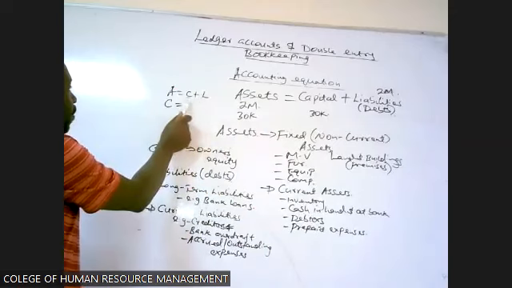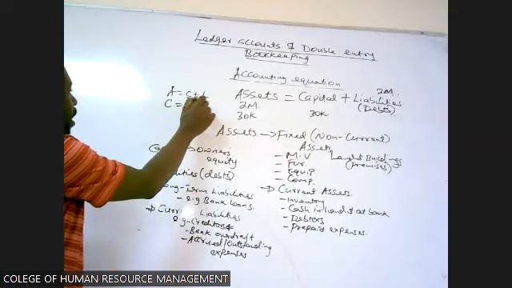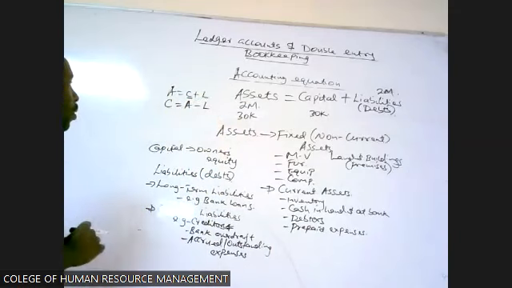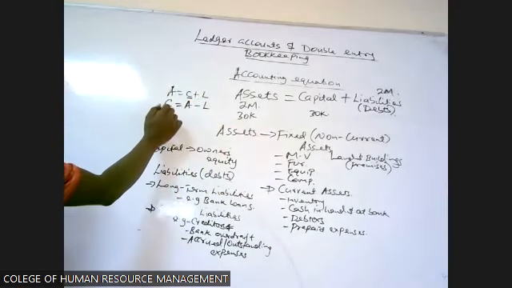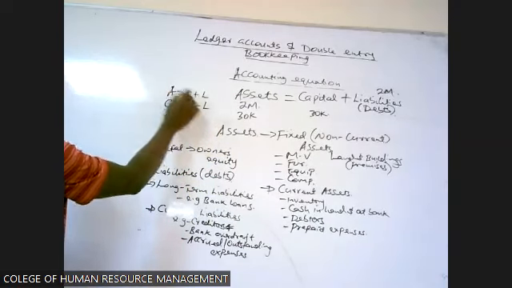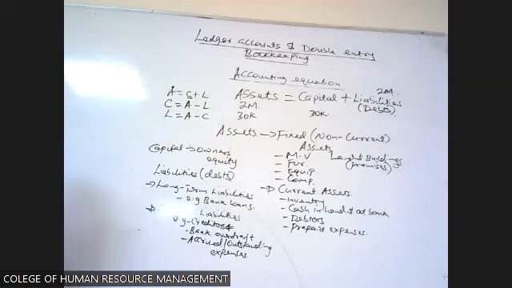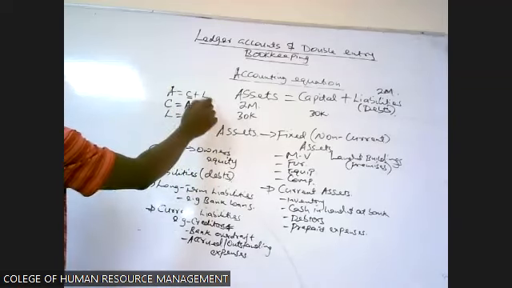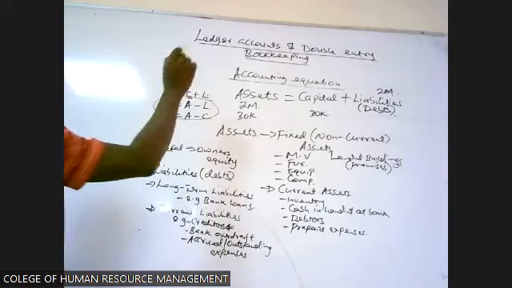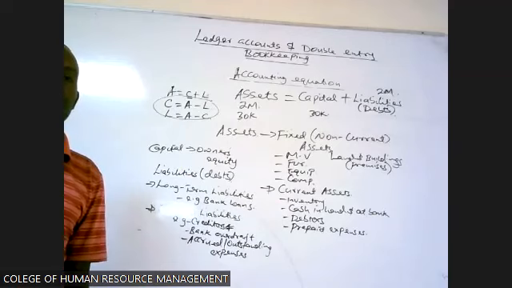If we need to find the value of capital, L will come to this side. So we are going to have A minus L is equal to capital. And if we want to get L here, C will come to the other side. So we are going to have A minus C equals L. So these 2 equations can be derived from the mother equation.